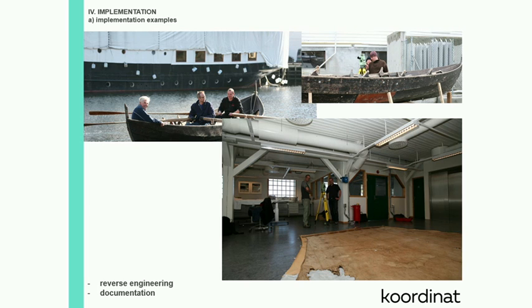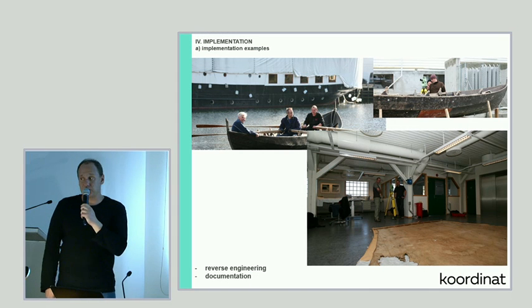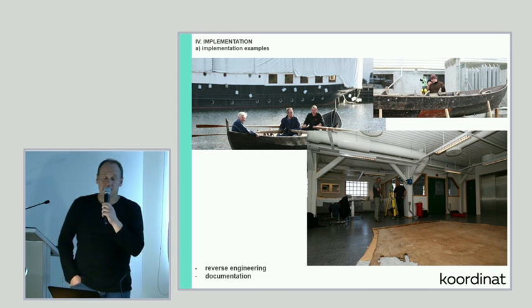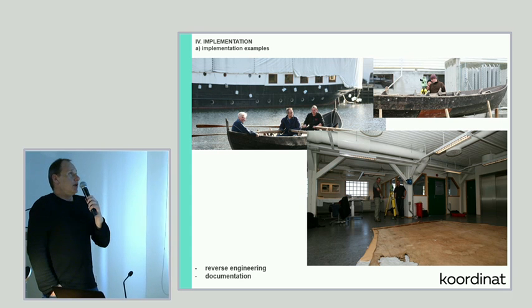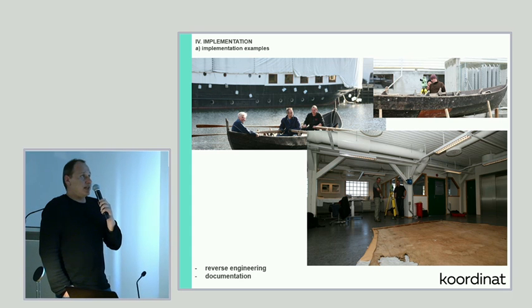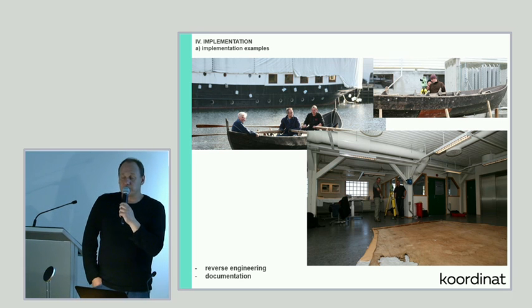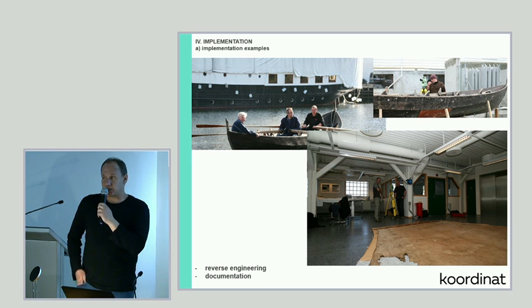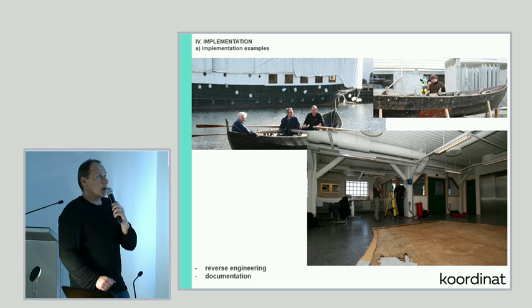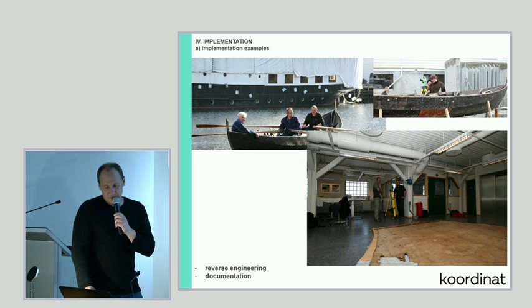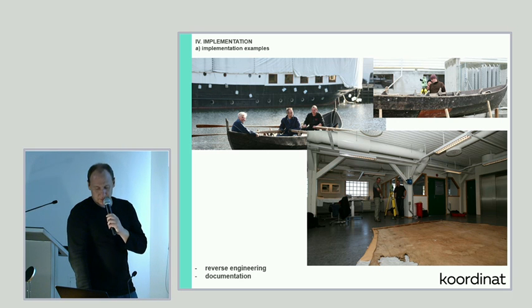So then we increase the size of the object and we proceed to the boats. And this is an example of the project of the 19th century boats from Bjørsvik. And here, the purpose was to create a basic documentation and also to support the exhibition at the museum to show how the boat is constructed. So here, actually, photogrammetry was also used.